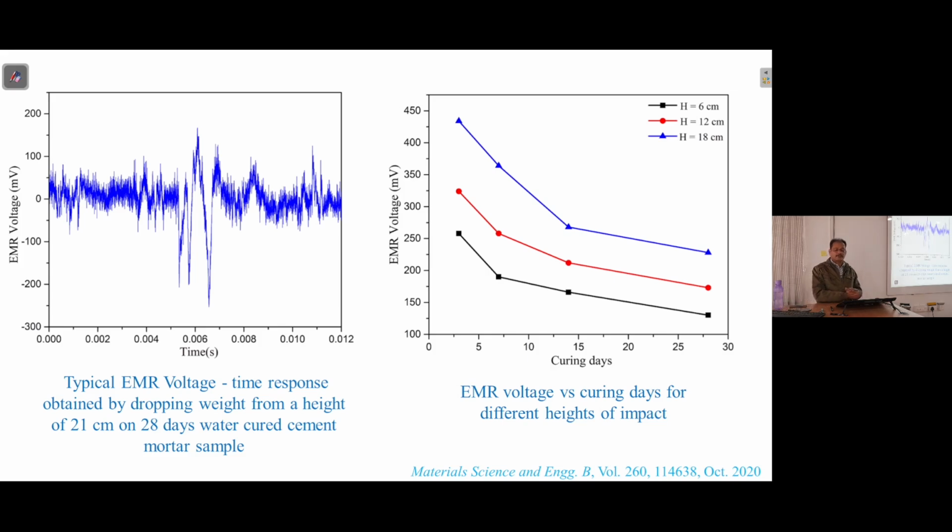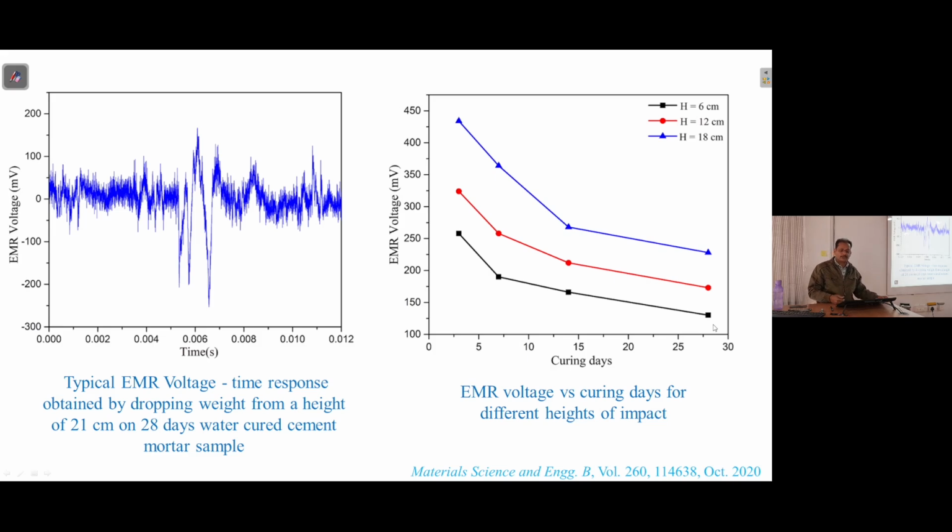And here are the results when the weight is dropped on this. Here again, relatively higher voltage is obtained. Like the previous slide, where we were varying from 13 to 43 or something like that, here the minimum, for the 28 days cured samples, is itself beyond 100 millivolts, close to 130 millivolts.